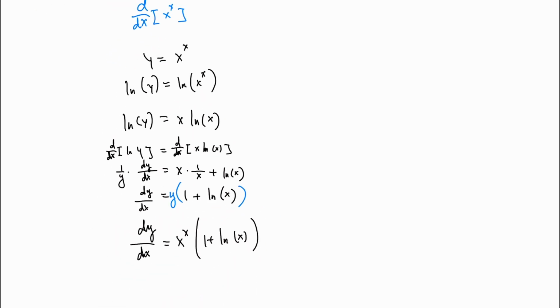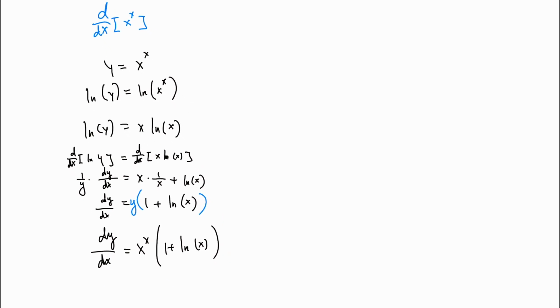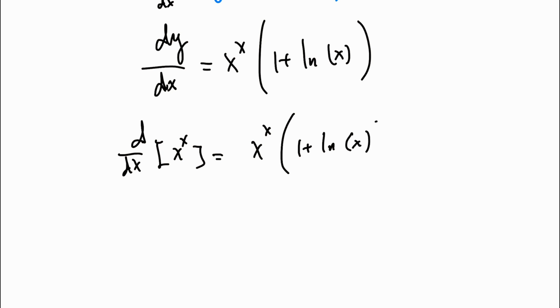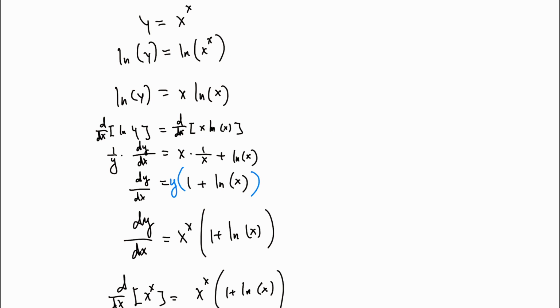Well, you can write this y, because we just have x to the x, as the derivative with respect to x of x to the x. That is the same thing, and we just have this. The real smart move on this differentiation, it doesn't really look hard, but the real smart thing to do here is to actually find out and take the natural log on both sides.